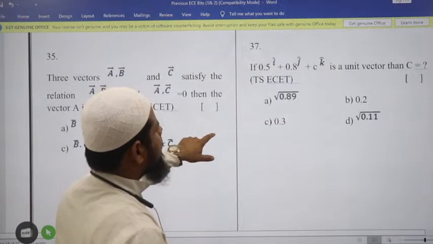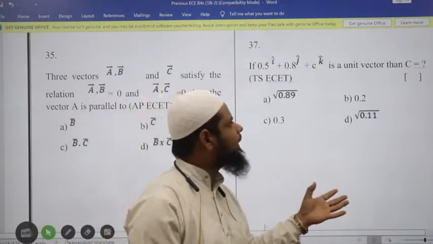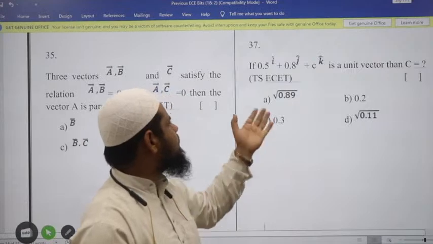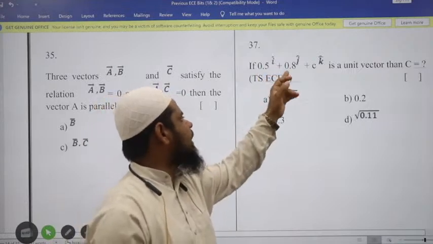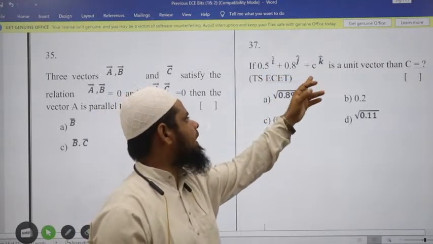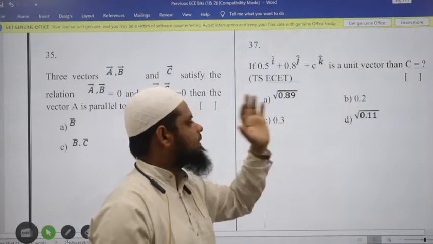If 0.5i 0.8j ck is a unit vector, then c is equal to?